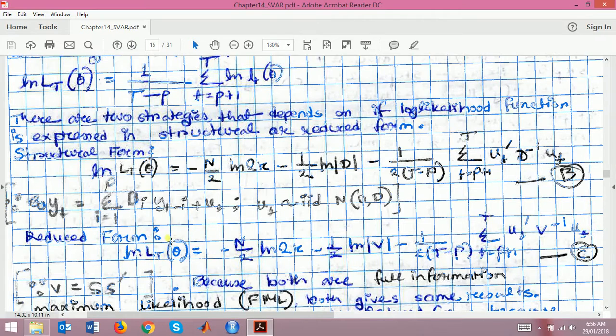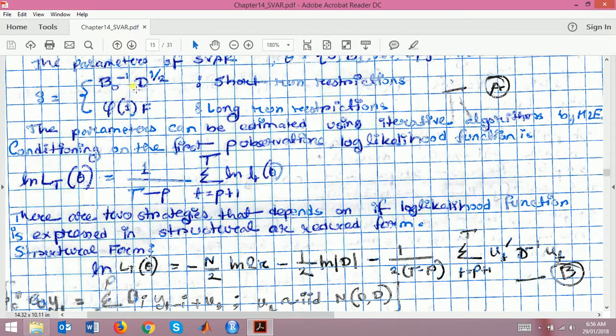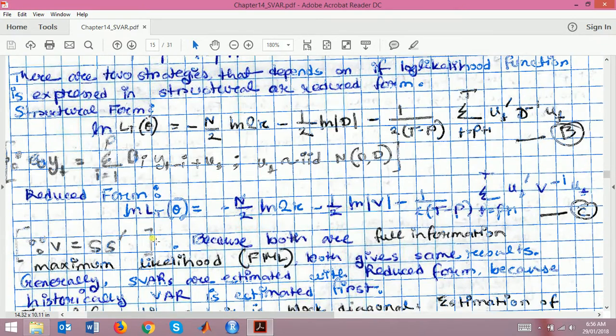V is equal to SS transpose, S is equal to root D divided by B naught, and so D divided by B naught squared is your V. Because both are full information maximum likelihood, both give the same results. Generally SVARs are estimated with the reduced form, so we generally use the reduced form equation, and instead of V we write SS transpose, because historically VAR is estimated in the first stage.